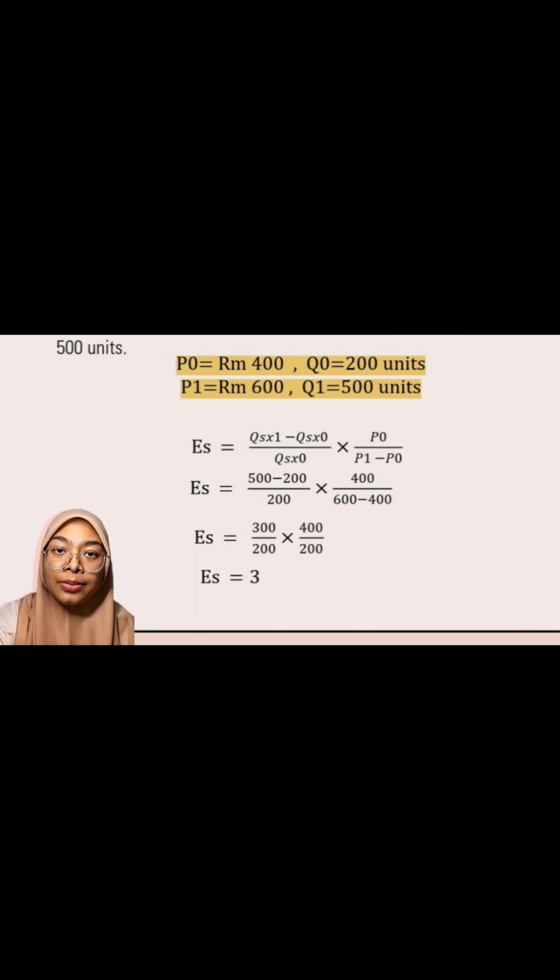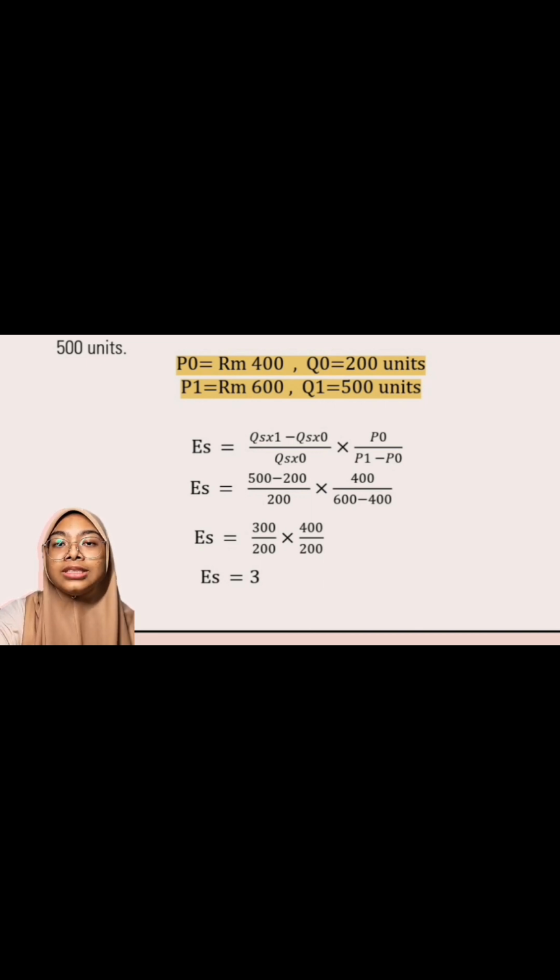According to the slide, price 400 ringgit will be the old price and 200 units will be the old quantity. Therefore, when the price increased to 600, it will be the new price, which is P1, and the quantity supplied of 500 units will be labeled as the new quantity, which is Q1.